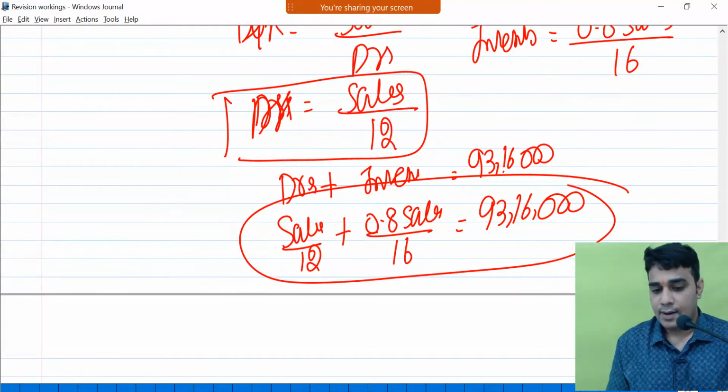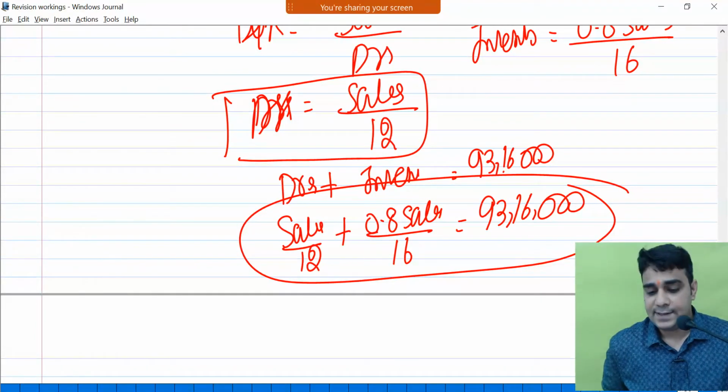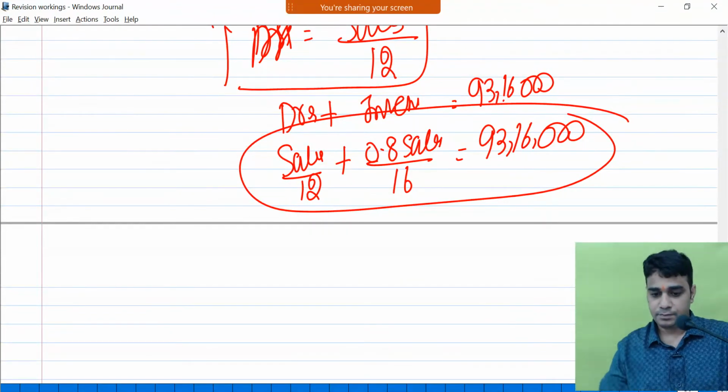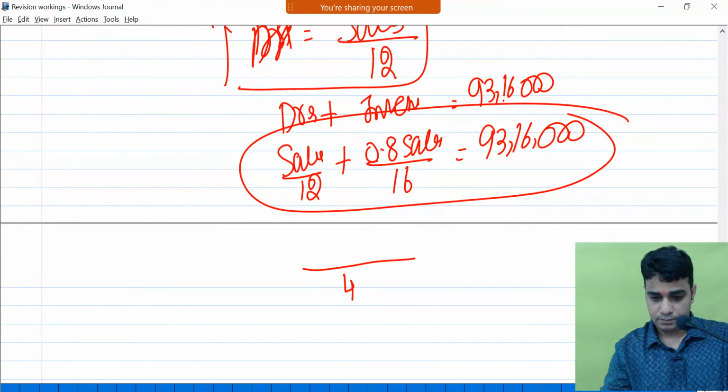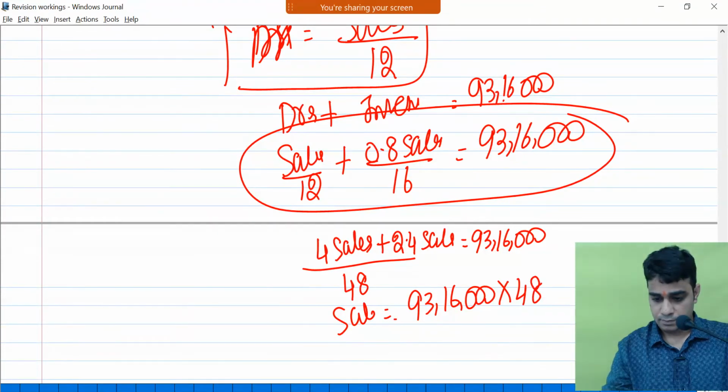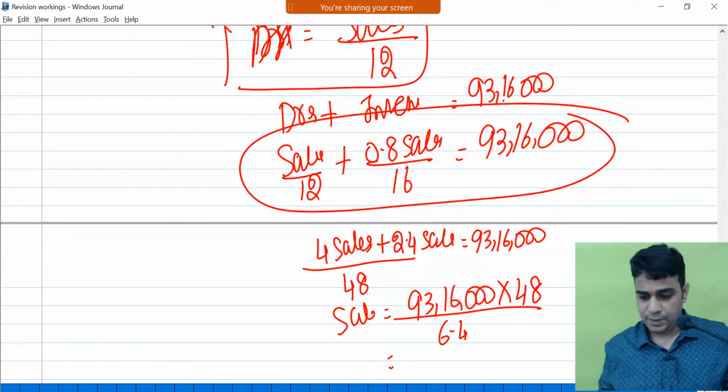Debtors is equal to sales by 12 and inventory is equal to 0.8 sales by 16. This should be the number, I think.